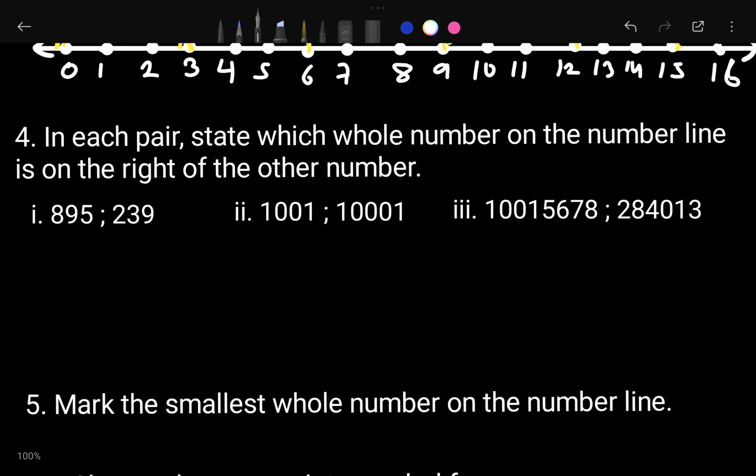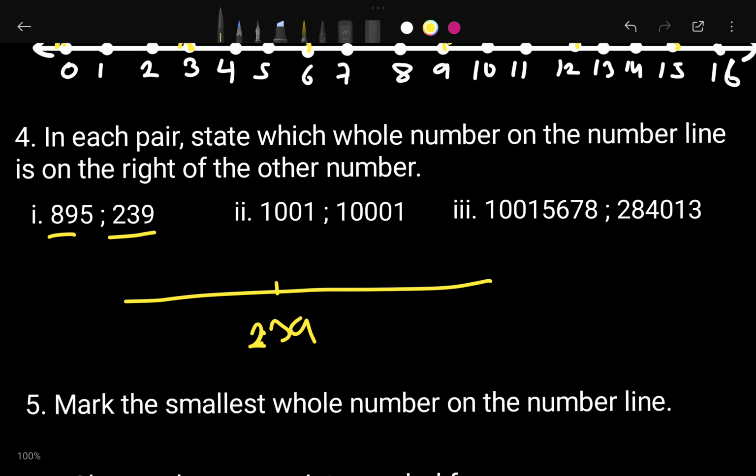So actually this 895 is there. Okay, I'm really sorry. This 895 is there, 239 is there. So it is asking whether 895 is on the right of 239. Okay, if you represent this number line, then first of all you will write 239, then you will write 895 like that.